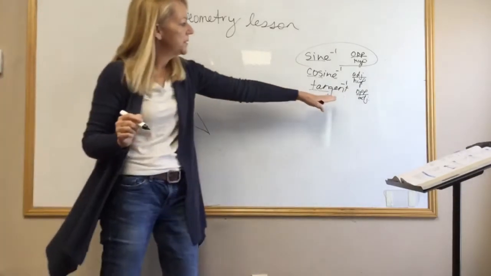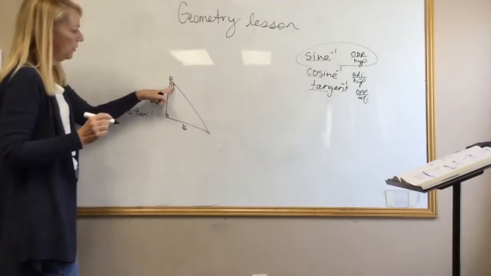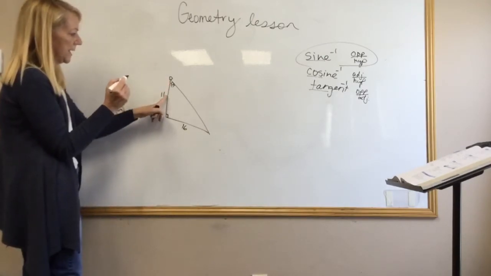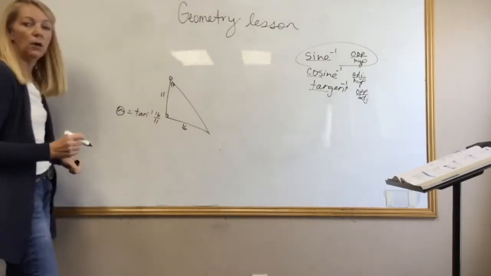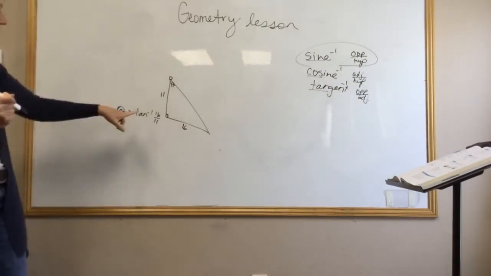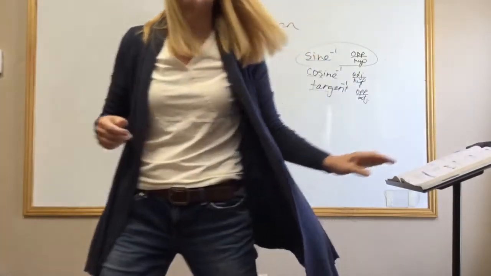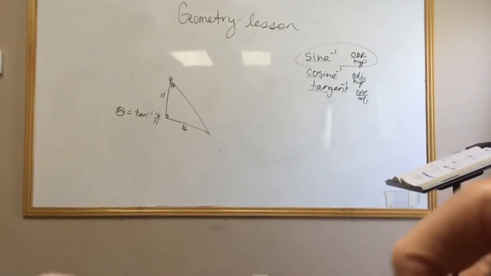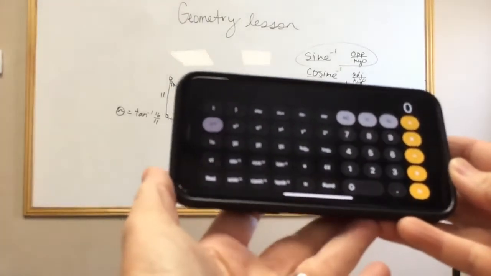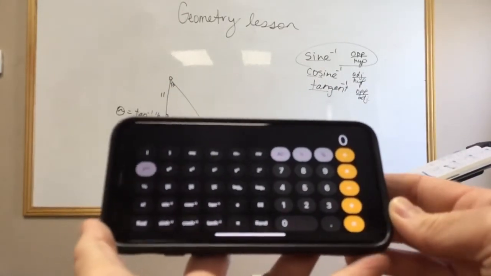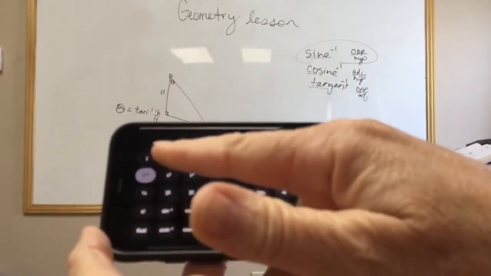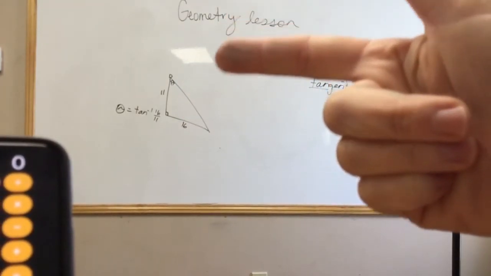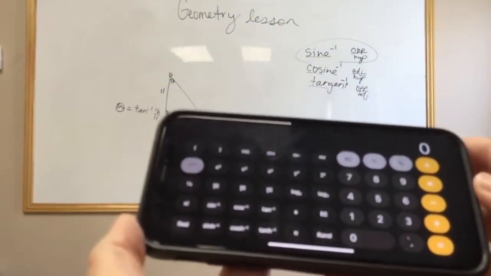Now it's opposite over adjacent. So here's my angle. Opposite is over here. Over adjacent is next to it. So it's going to be 16 over 11. That's how you know how to write the ratio. So it's 16 over 11. Let's use our calculator. Second button is already pushed. I'm looking at my ratio right here, 16 over 11.